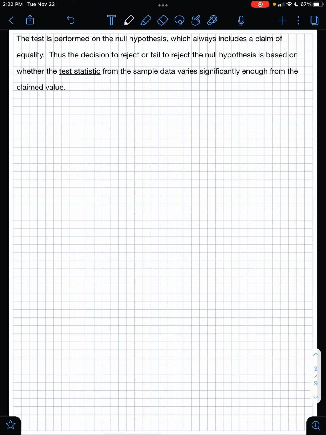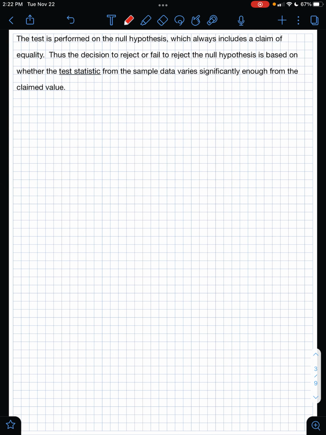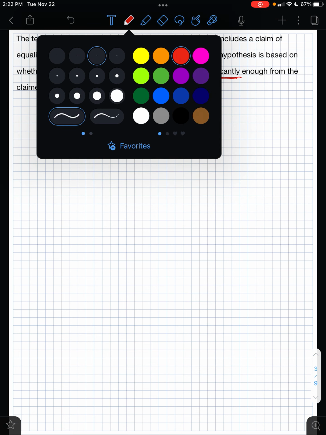Or is it more like, well, I'm not really sure. Well, the decision is going to come from how much the sample data varies from the claimed value. The question is, how significant is significantly enough?